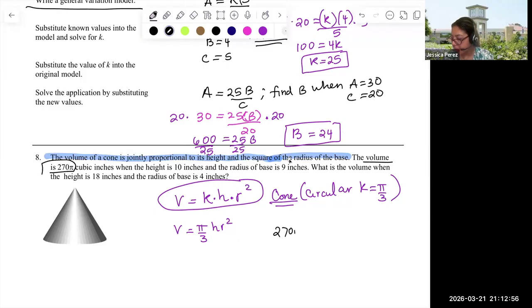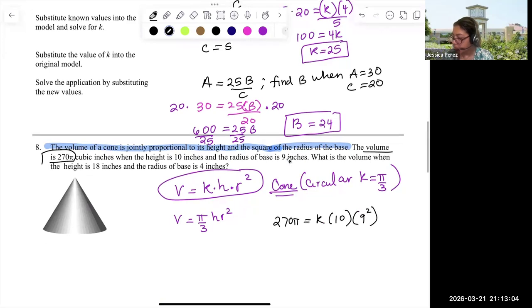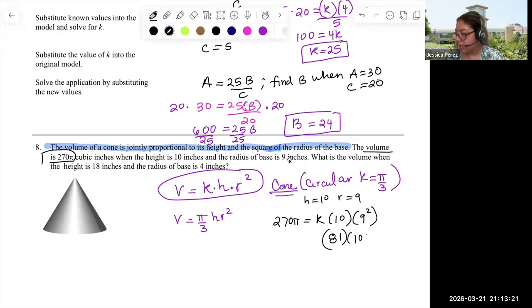So 270 pi is equal to K times H, where H is 10, and the radius is 9 squared. So you're given H to be 10 and R to be 9. So we substitute it and find K. Let's say that we didn't know K was pi thirds, because on the test you're going to have to find what K is. So then we have 81 times 10 times K is equal to 270 pi.